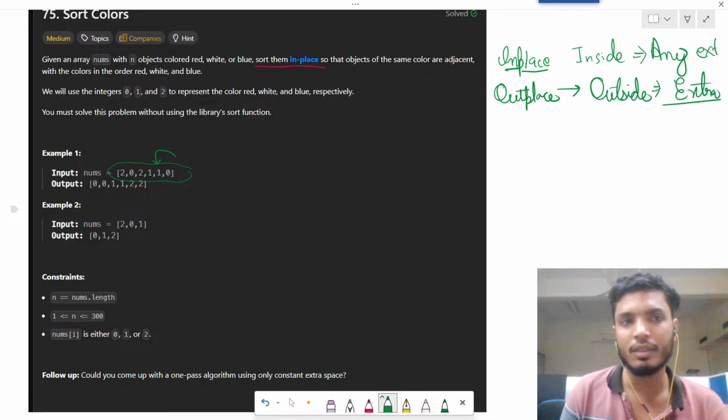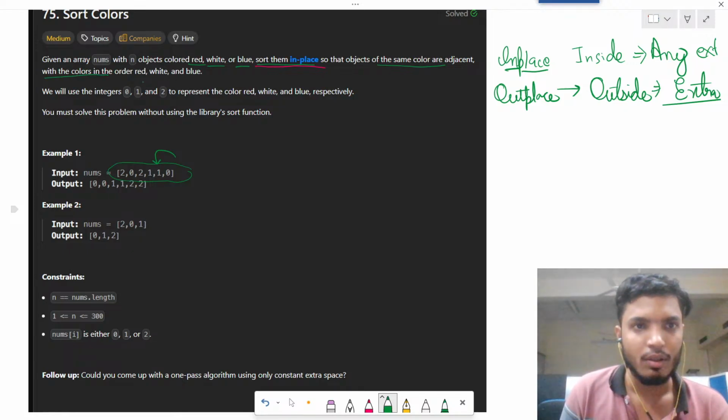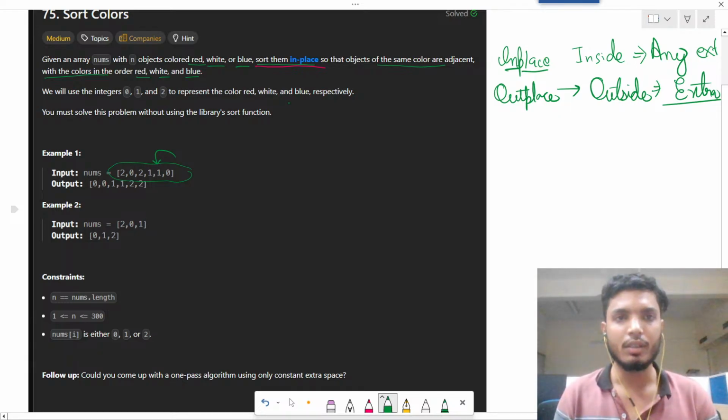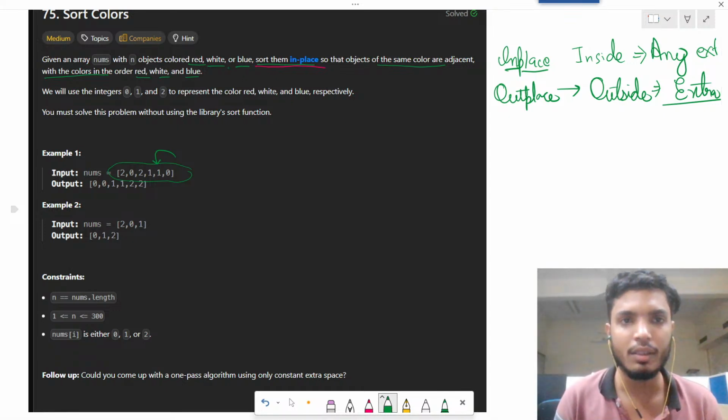So let's read the problem. Given an array nums with objects colored red, white or blue, sort them in place so that objects of the same color are adjacent, with the colors in the order red, white and blue. Basically the colors are marked 0, 1 and 2: red is 0, white is 1 and blue is 2.